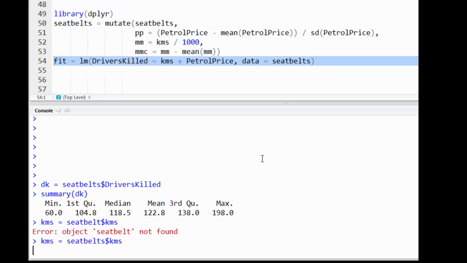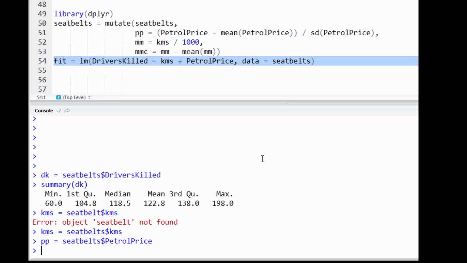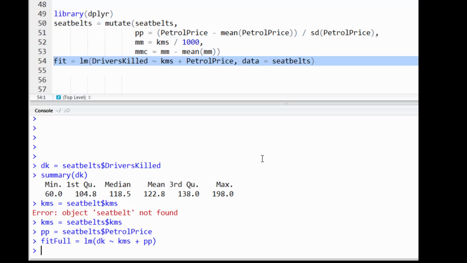And then petrol price, I'm just going to do lowercase pp, and that's seatbelts$PetrolPrice. So the full fit, let's call that fit full, is going to be the linear model, drivers killed as the outcome, kilometers and petrol price as predictors. Let's leave that one for the time being.